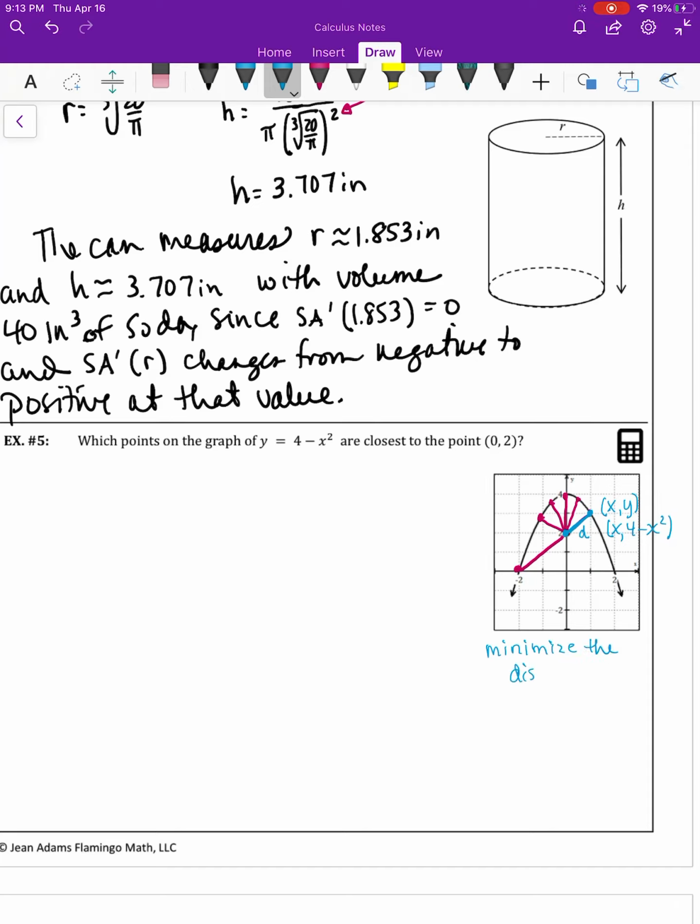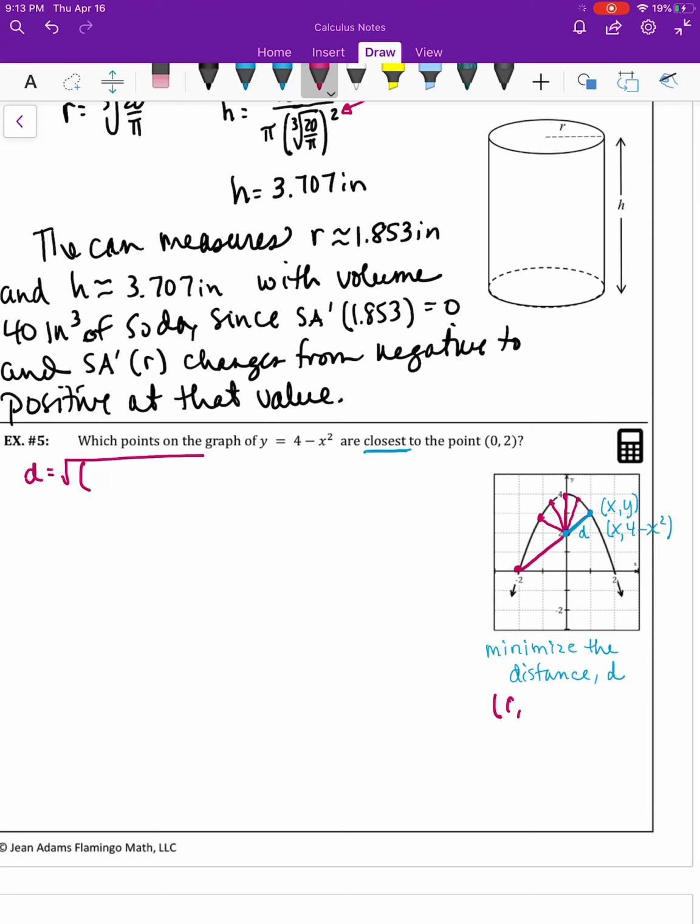And we're going to call this our distance from here to here. We want to minimize the distance, d, because it said the closest point. That means we want to minimize that distance.